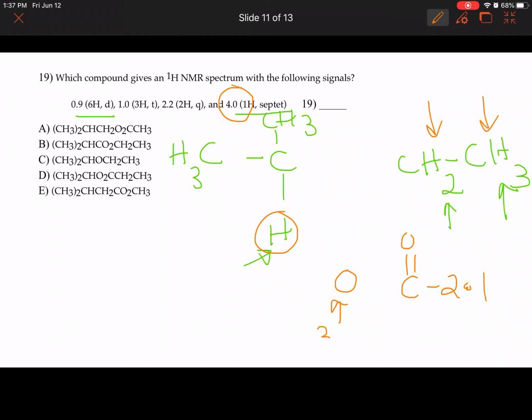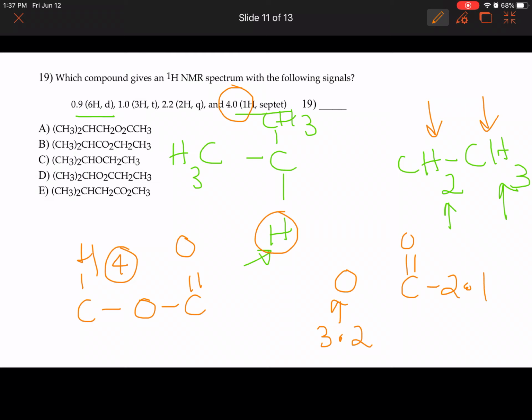If it is closer to a carbonyl group, that's about 2.1. But if it is closer to oxygen, that's about 3.2. But if it is closer to a group like this, oxygen and also carbonyl group, any hydrogen on this carbon comes around 4 ppm for the chemical shift.